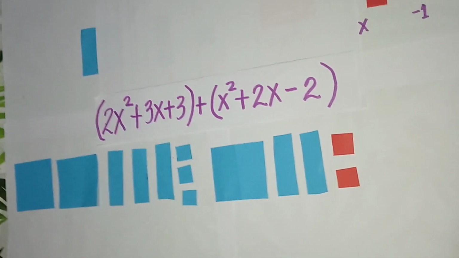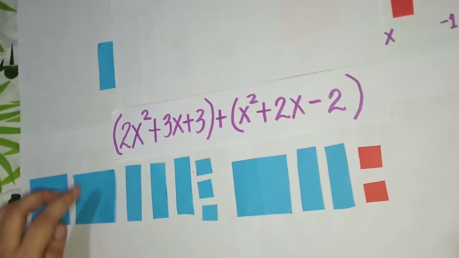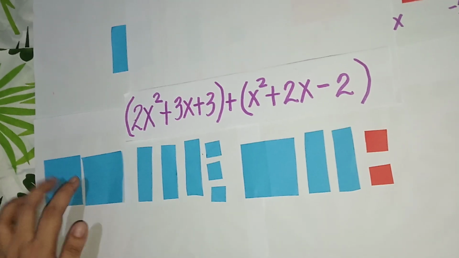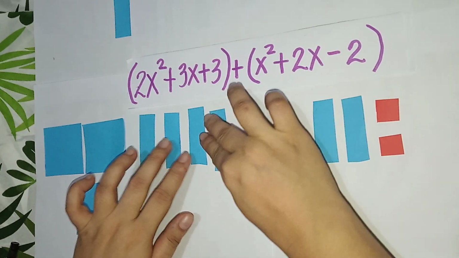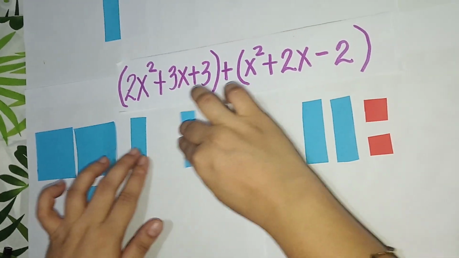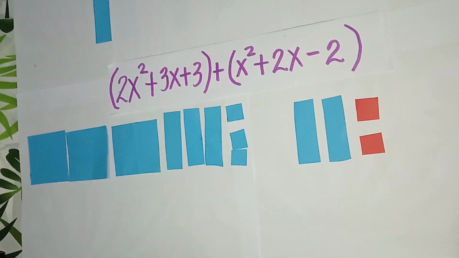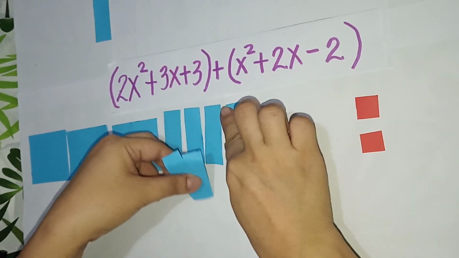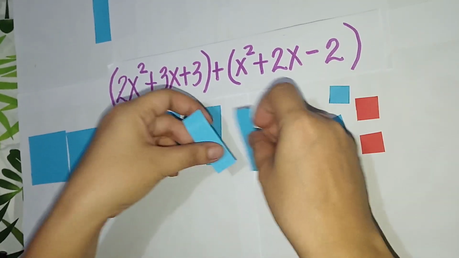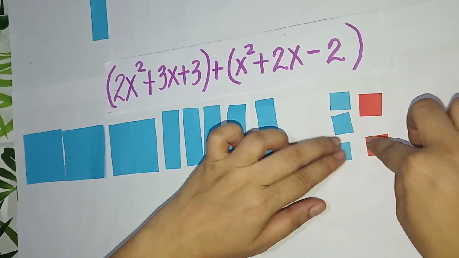So how will you work on your answer? Just group them. Combine all the like terms, or the like tiles. So this is 1, 2, 3. This will become 3 x squared. And then 1, 2, the same color. This will become 5x. And then what will happen to these tiles?